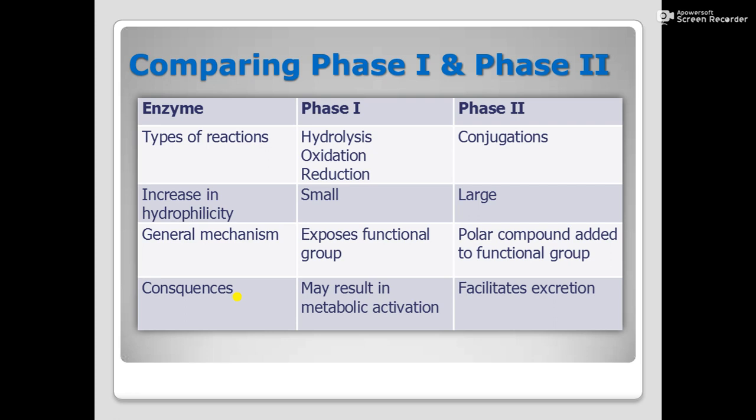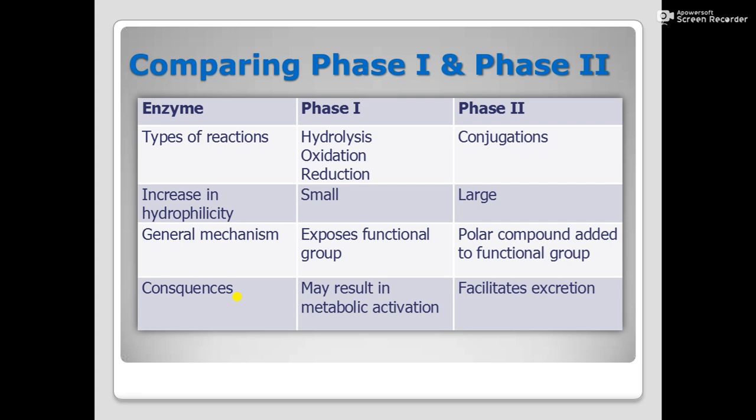If we come toward the general mechanisms, in phase 1 reaction, the general mechanism is that they expose the functional group. While in phase 2 reaction, the polar compounds are added to the functional group. So in phase 2, the polar compounds are added to the functional group. So definitely its activity will be changed.